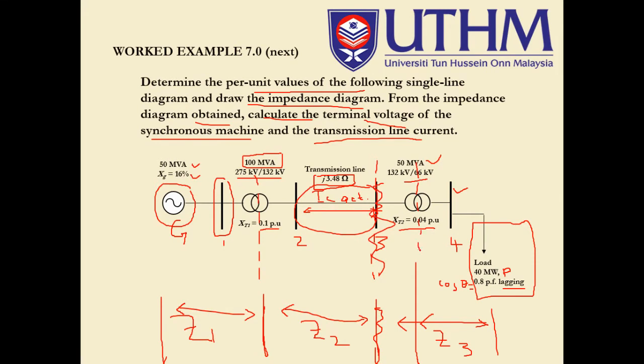So in between transformer 2 and transformer 1, this is T2, this is T1, this is the generator, or the synchronous machine, and this is the load.